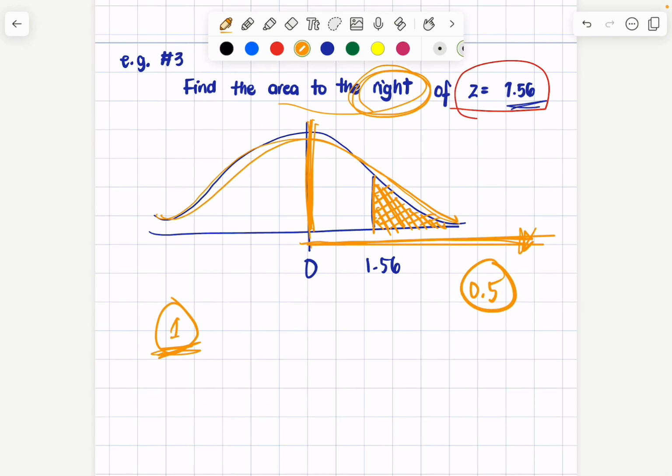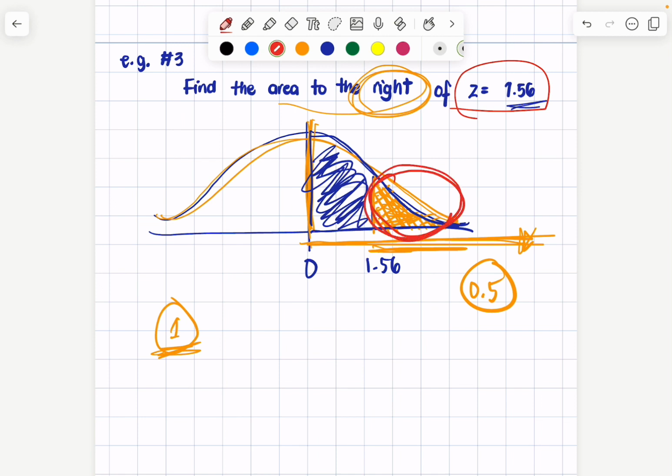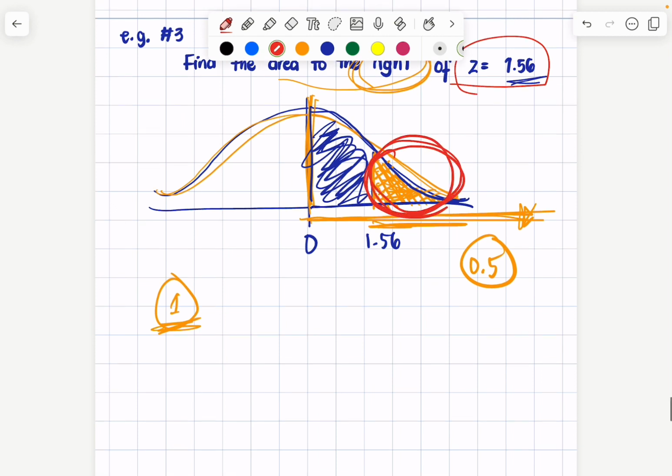So, unsa may need nato pangitaon ani na dayon? Since kay ang ato ang gipangita is kaniman nga part, kaning part ni 1.56 to the right. So, ato ang next pangitaon is kani nga area. Kay, kani siya tibok nga area minus this area is equal to this area. So, unsa man dayon na siya?